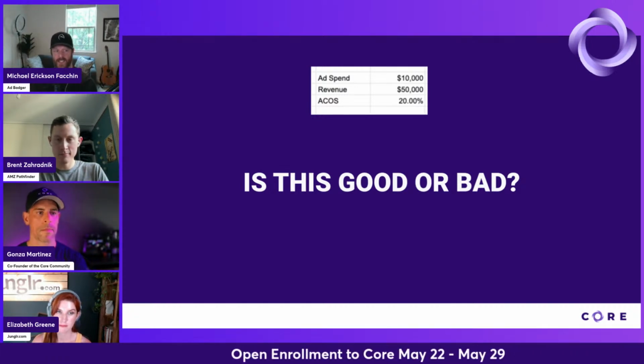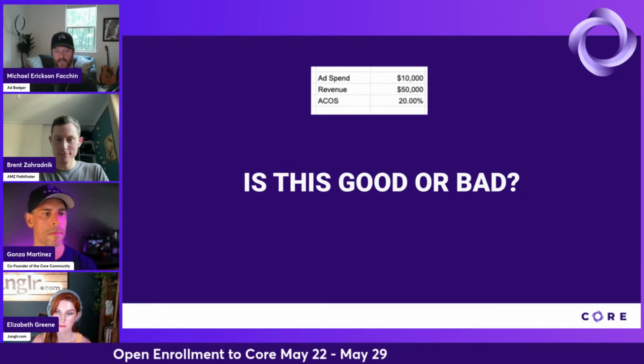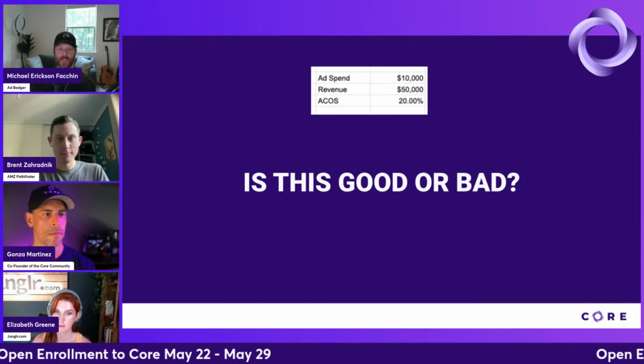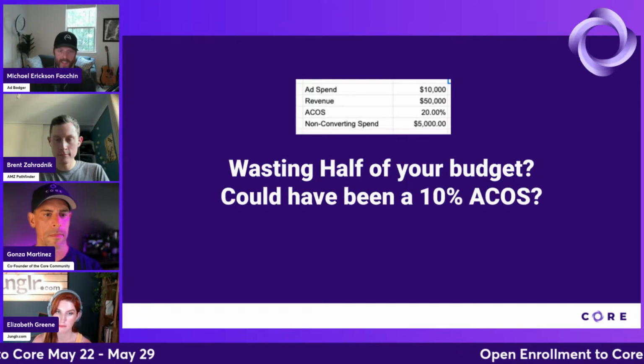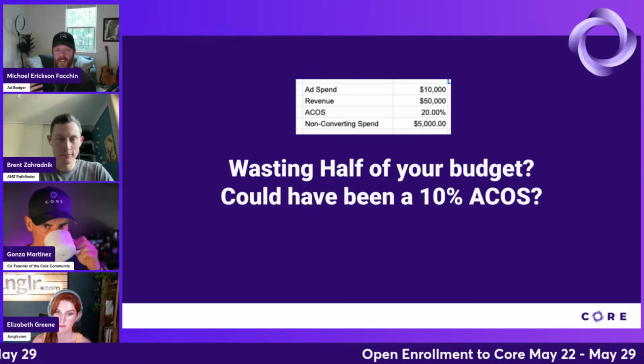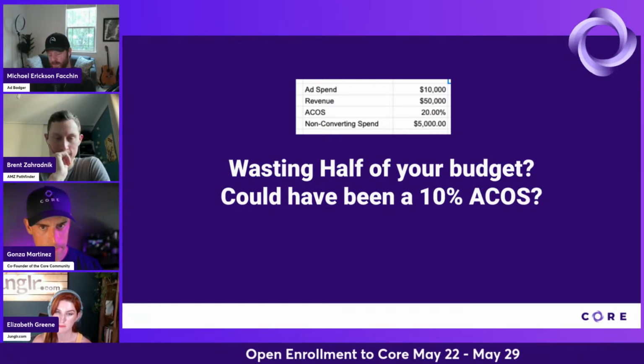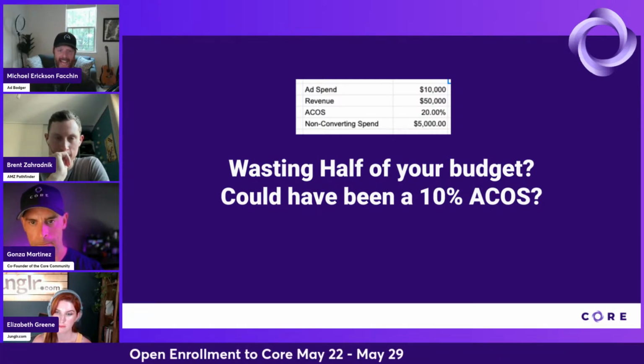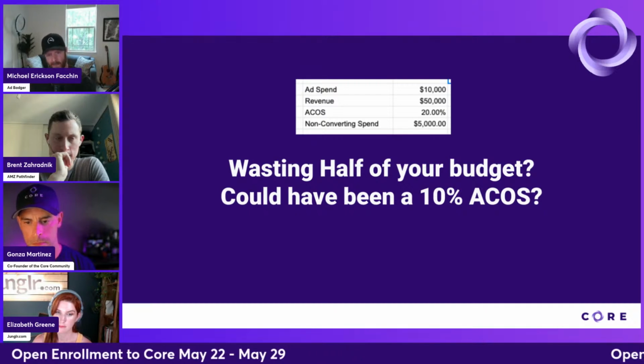This might be 20%, and that's great. However, what if you realized that you're actually wasting half of your budget and that you could have had a 10% ACOS?